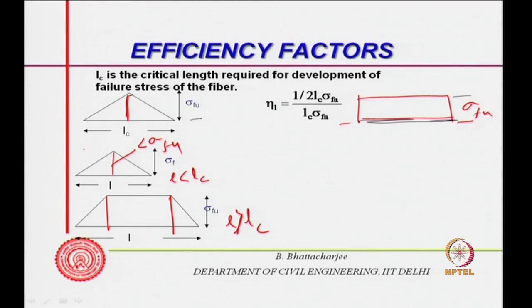Now, how much is the average stress? It is sigma fu at this point, 0 there, and therefore the average will be this triangle divided by the base. So, what is this triangle?